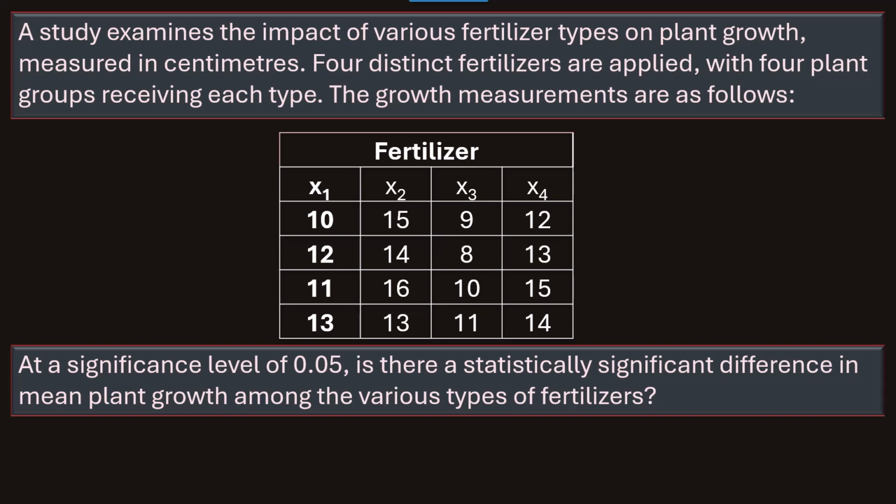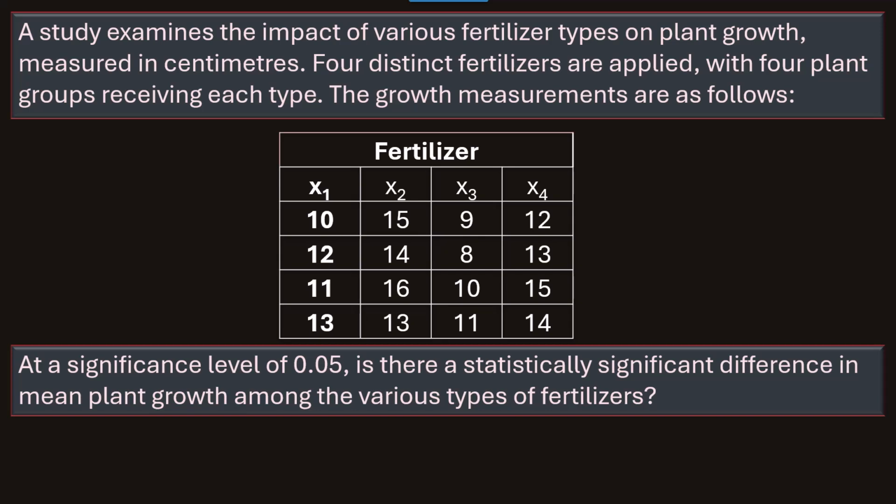This is the problem. A study examines the impact of various fertilizer types on plant growth measured in centimeters. 4 distinct fertilizers are applied, with 4 plant groups receiving each type. The growth measurements are as follows.